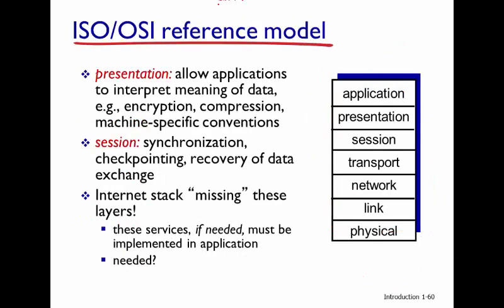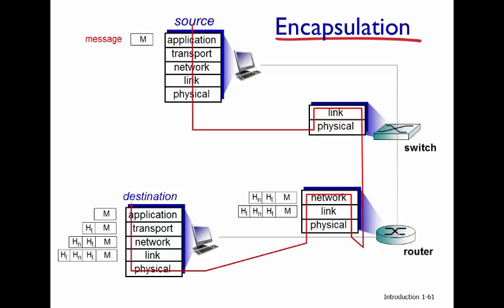This is an international standards organization model: 7 layers from physical to the application. Application, presentation, session, transport, network, data link layer, and physical layer. So what do they do here?